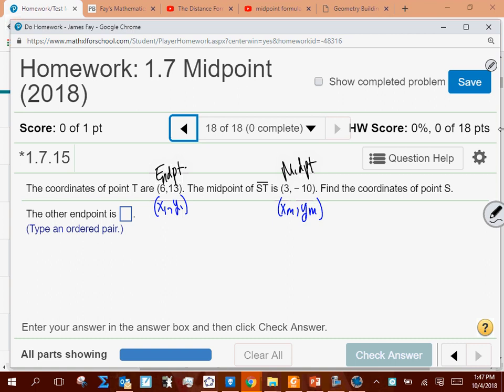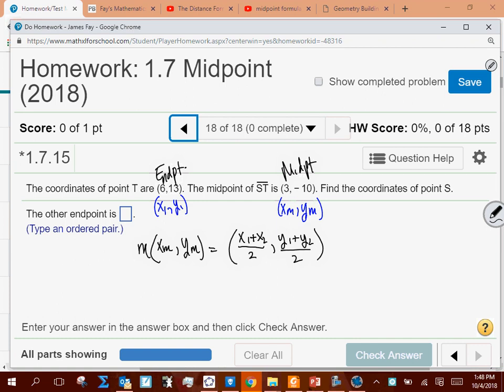Yesterday we talked about this formula, that the midpoint has an ordered pair, xm comma ym, and it should be equal to the average of the endpoints. The average of the endpoints' x coordinates, the average of the y values of the endpoints, okay? Or add your x's divided by 2, comma, add your y's divided by 2, right?